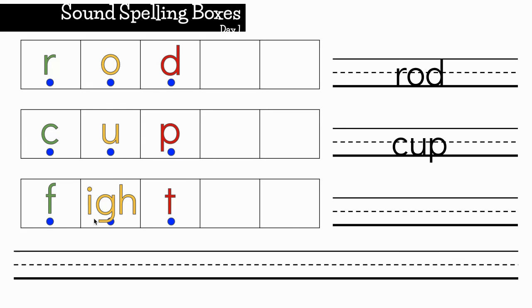But I is represented by I-G-H. And T is represented by T. So the students can look at the full word, fight, but this helps them to recognize that there is a sound spelling pattern for the long I that is represented by more than one letter.